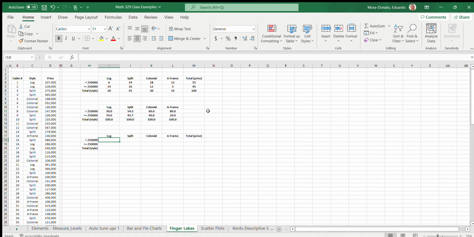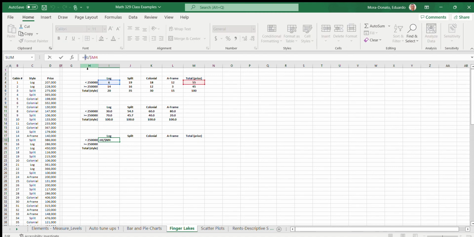Here I'm going to do something very similar. I'm going to do these tables now, but as percent with respect to price. So in my first cell, I'm going to divide this by the total for that price. Since this number has to be fixed, I'm going to fix the column. Oh, sorry, and then I need to multiply by 100.